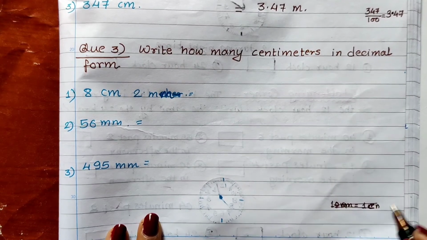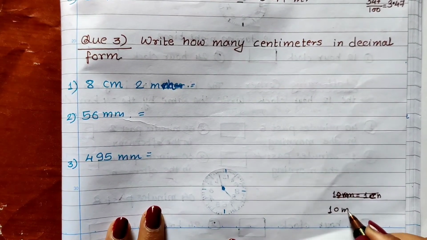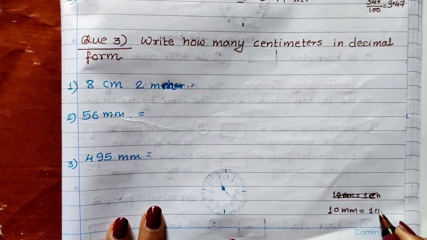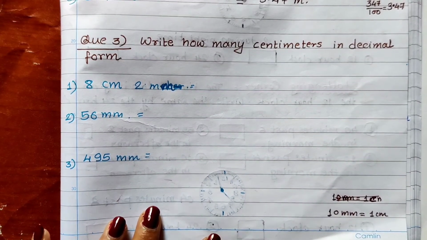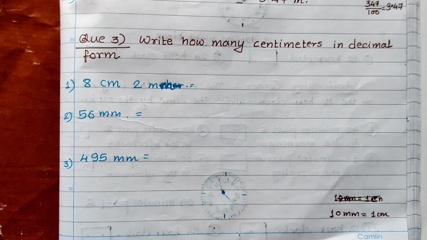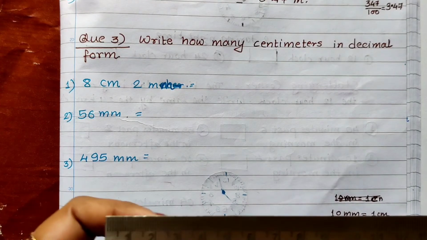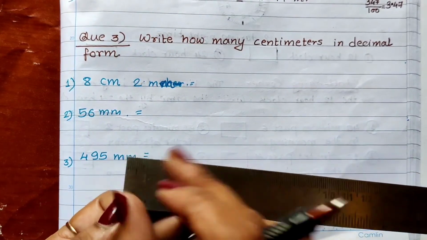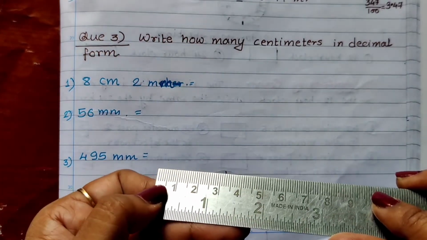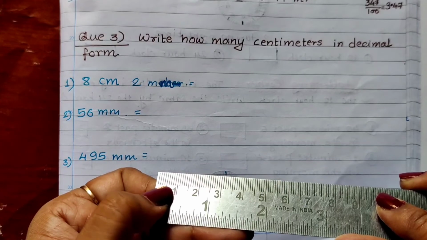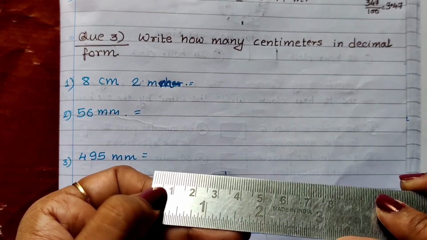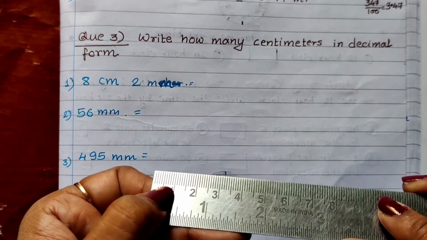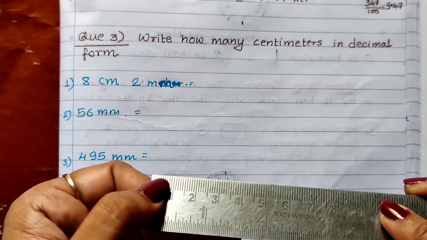I will be writing again. 10 millimeter is equal to 1 centimeter. Okay. If you observe any scale here, this 1 centimeter distance, how many parts you can see? 10 parts. These 10 parts are of millimeter. So 10 millimeter is equal to 1 centimeter.